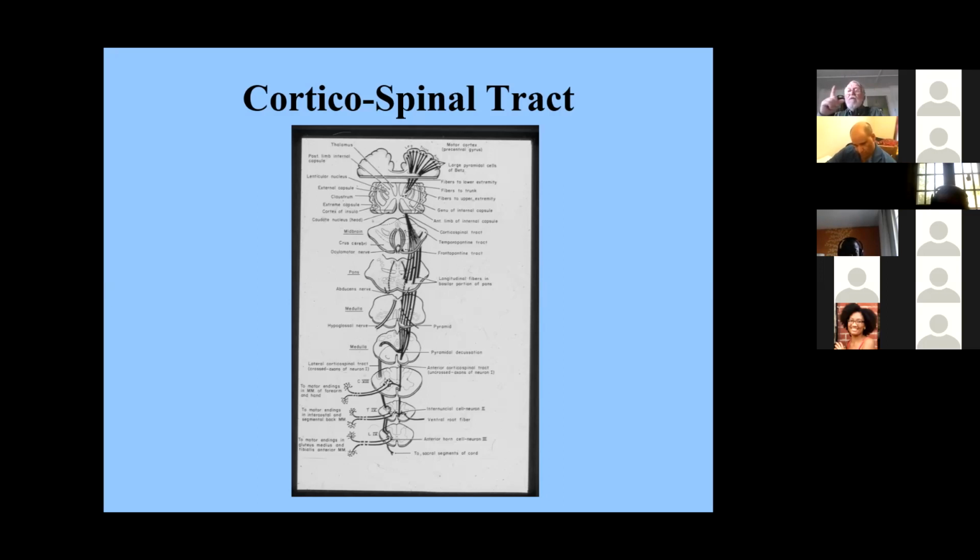We can have a basic rule: where is the decision for a cell to fire going to happen? It's going to happen in the base of that pyramidal cell, before it forms its axon, called the axon hillock.